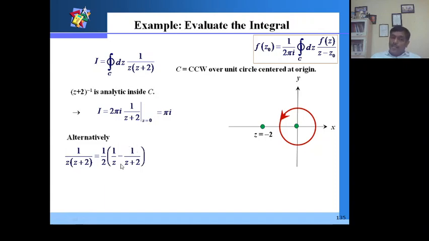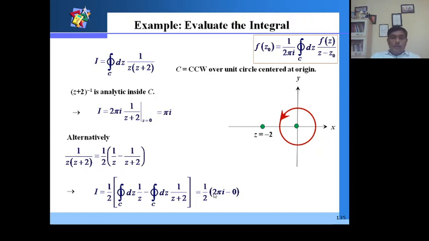Then we can find the values of a and b. We get 1 by 2 times 1 by z minus 1 by z plus 2. Then we get two contour integrals, 1 by z dz and 1 by z plus 2 dz over c. Here the first is inside c, so it becomes 1 by 2 into 2 pi i. The second is outside the region, so it is 0. The result is pi i.